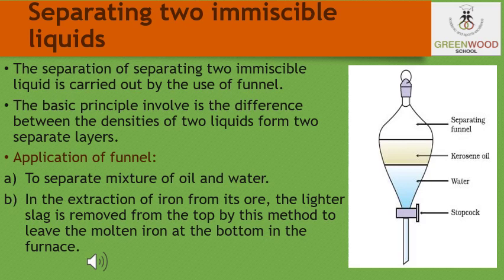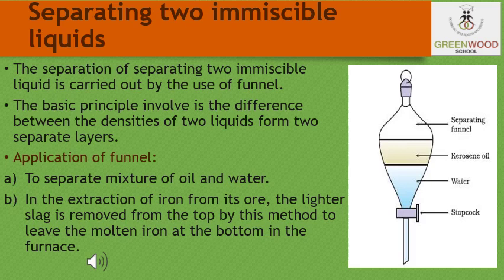In simple words, if we take kerosene and water and try to mix them, they will not mix with each other. That's why these are known as immiscible liquids. The apparatus used to separate these immiscible liquids is known as the separating funnel.